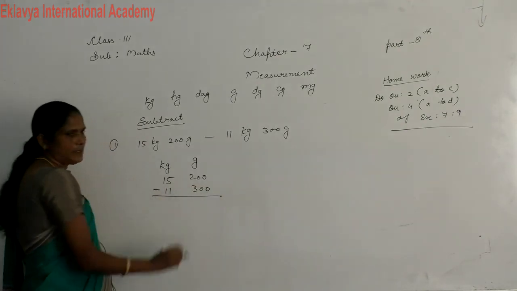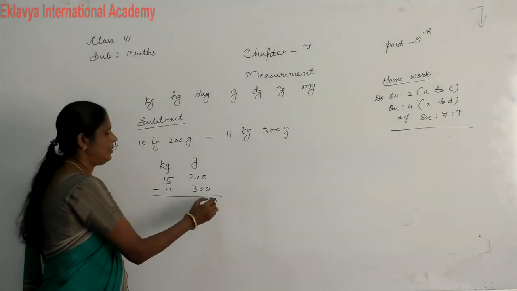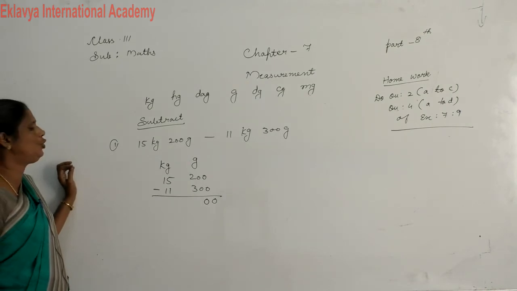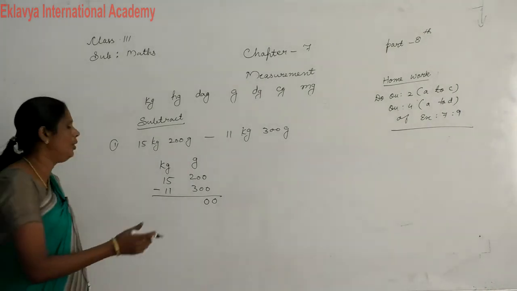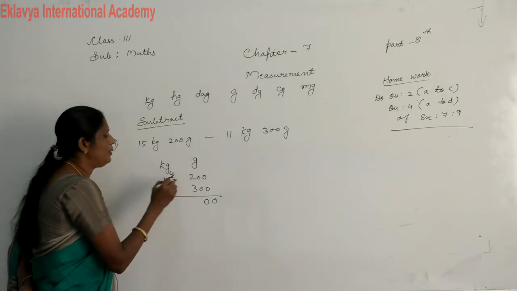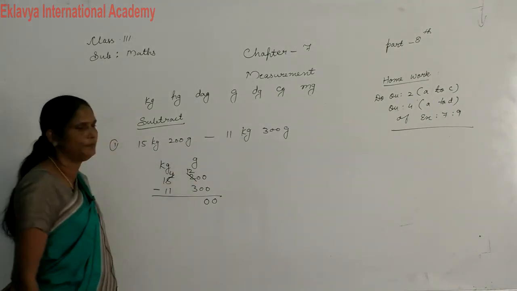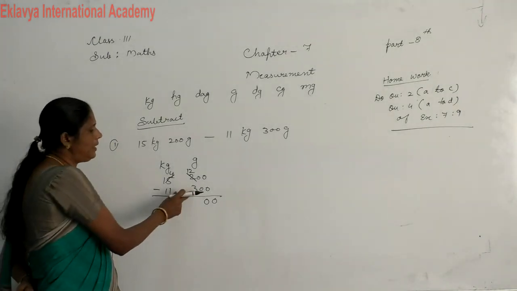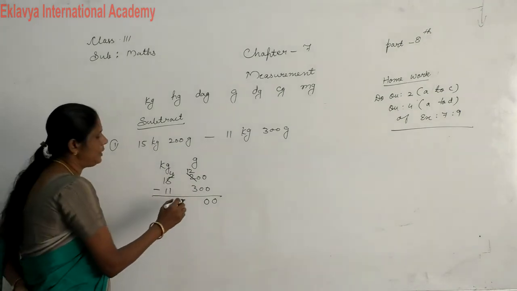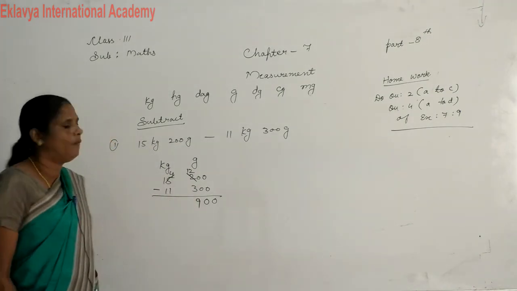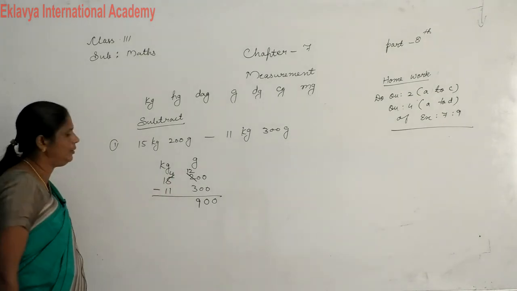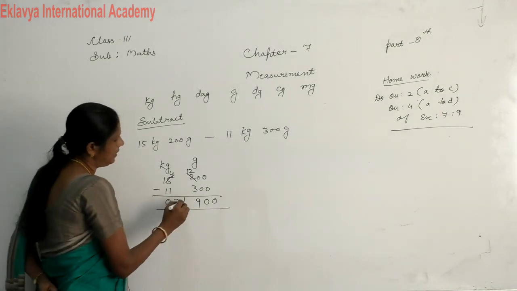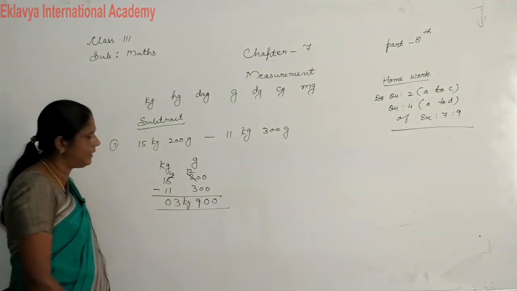Then subtract the numbers. Then 0, 0, then 3 take away from 2. Is this possible? No. You borrow, this becomes 4, this becomes 12. Now 3 take away from 12, you get 9. 1 take away from 9, you get 3, then 0. Our answer is 3 kg 900 gram.